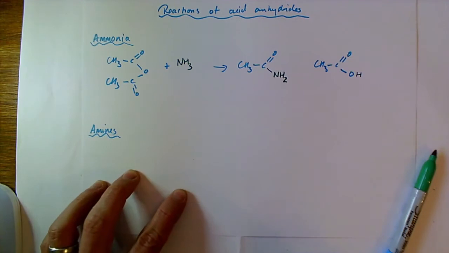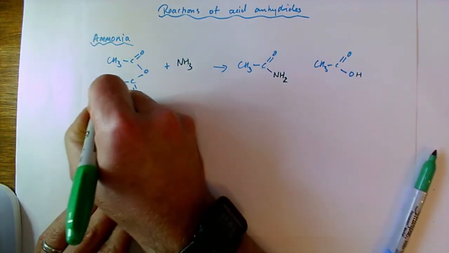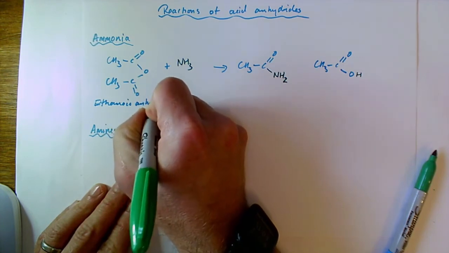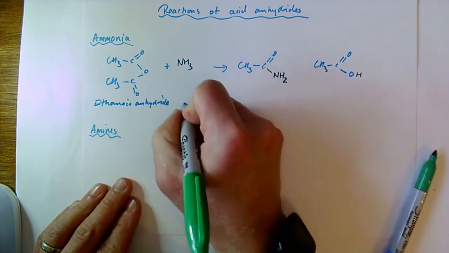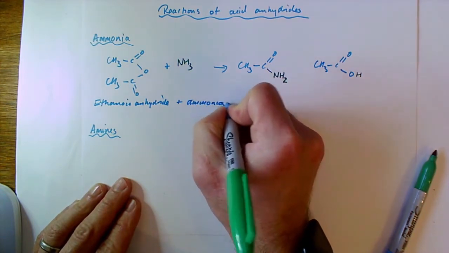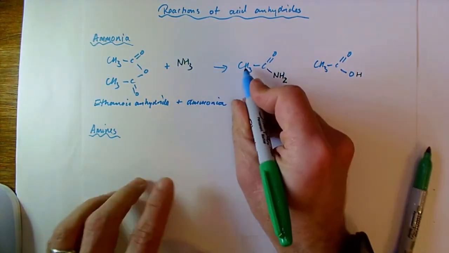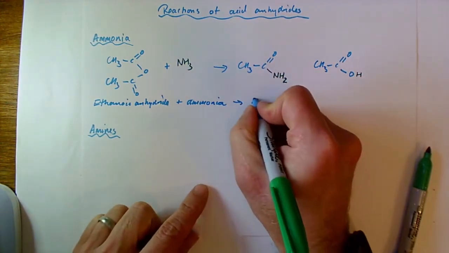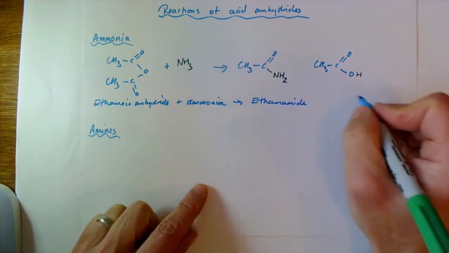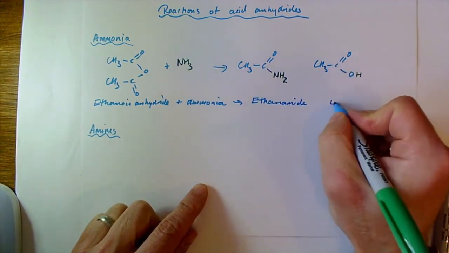So let's have a quick practice at naming these things. So my example is my ethanoic anhydride plus ammonia reacts to make ethanamide and ethanoic acid.